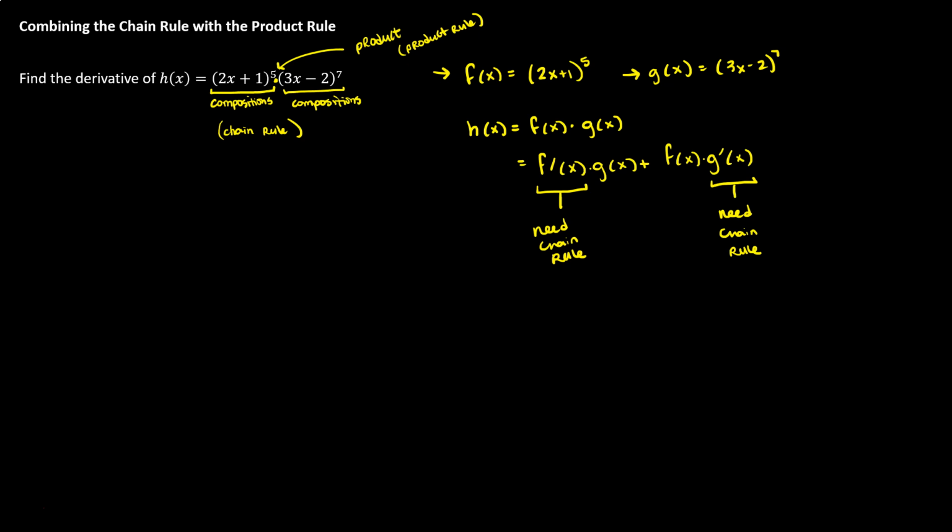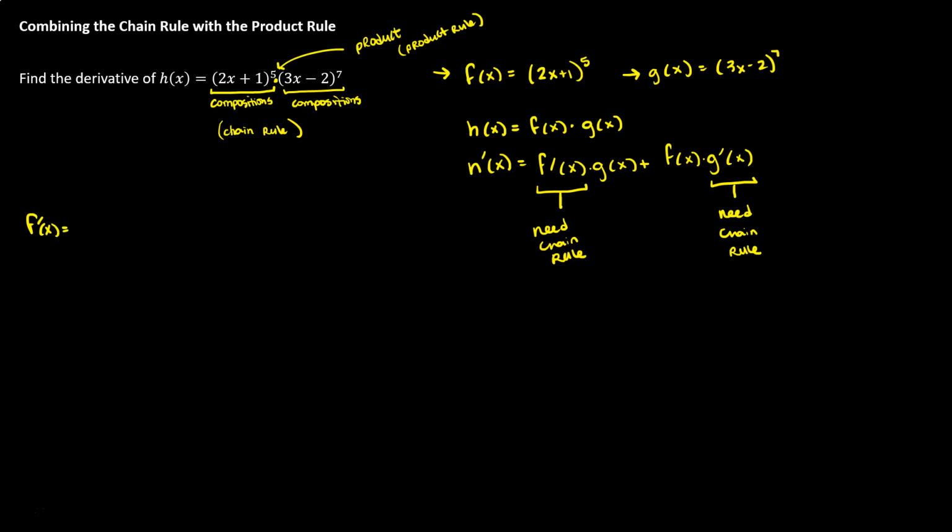So to find h prime, we need to find the derivative of that first factor, we're calling that f of x, and we need to multiply that to the second factor, g of x. Then we'll add to that the first factor, f of x, times the derivative of the second factor, g of x. So let's go ahead and compute each of the derivatives that we need.